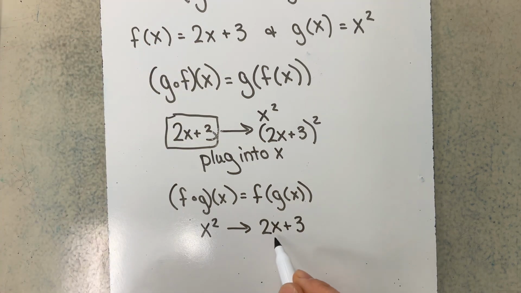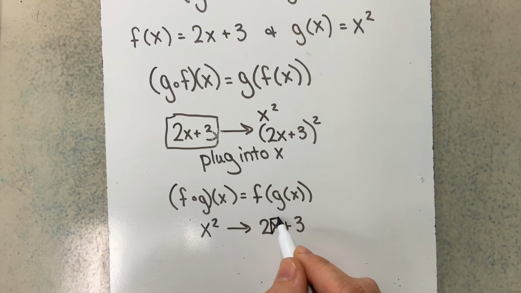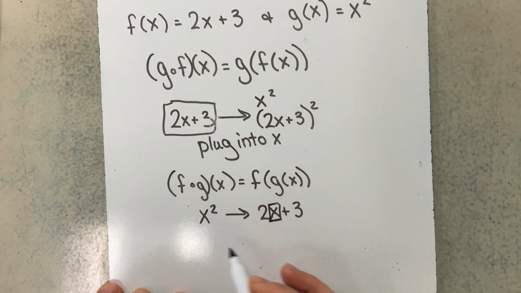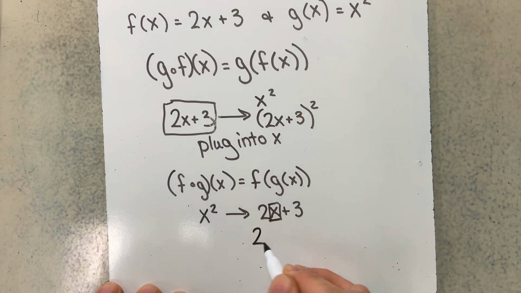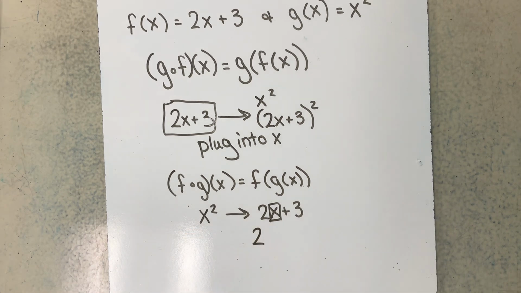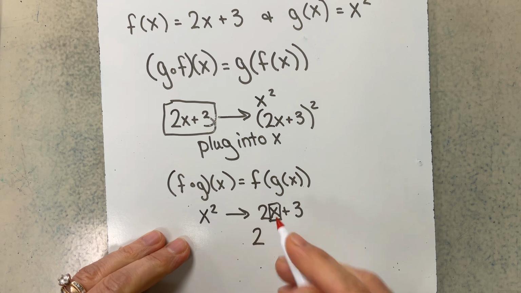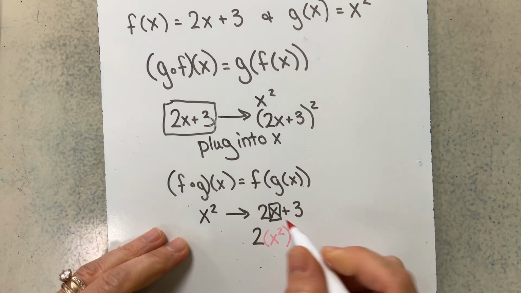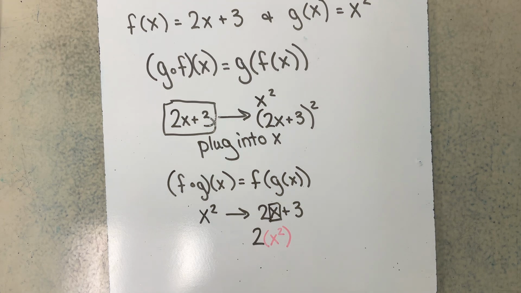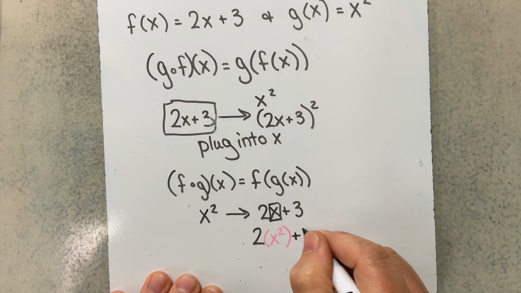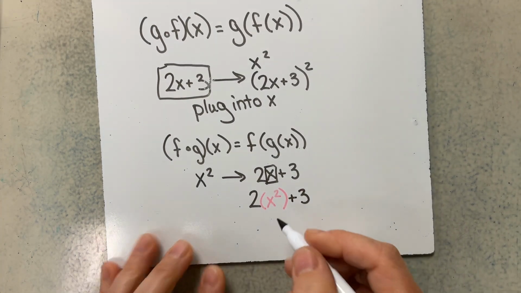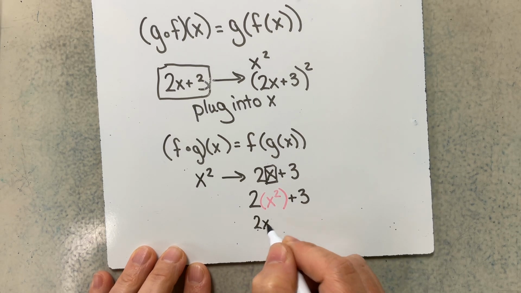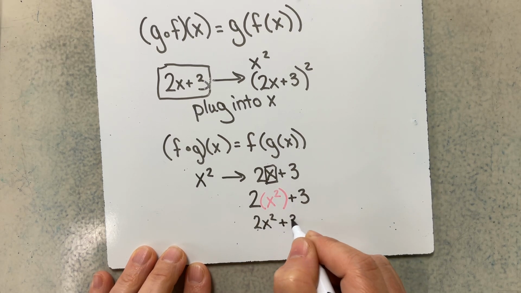We're going to plug into the x. So I'm going to take 2 and plug in my g into that x, and then finish with the plus 3. That can be simplified to 2x squared plus 3.